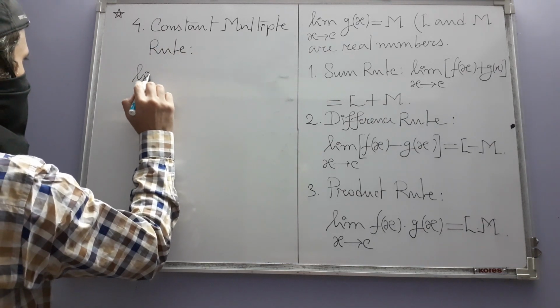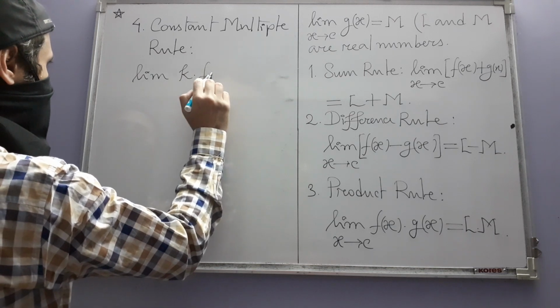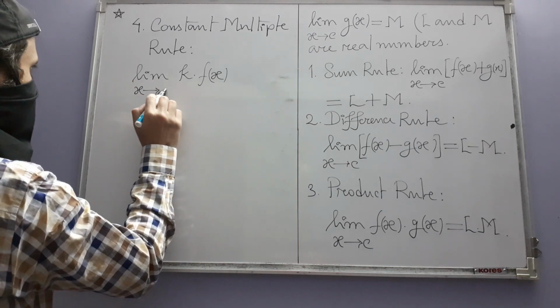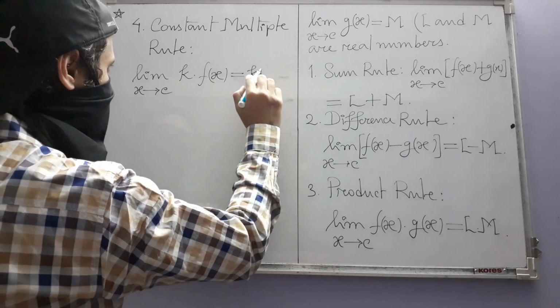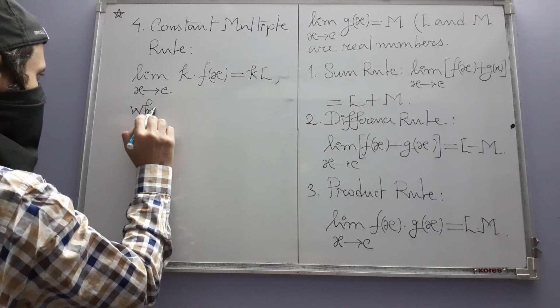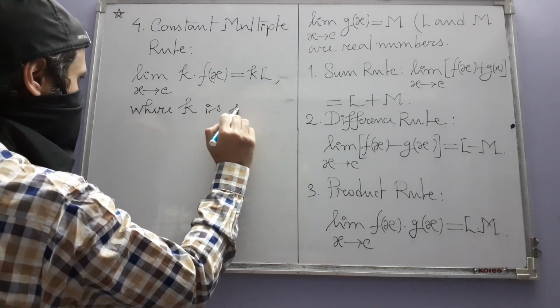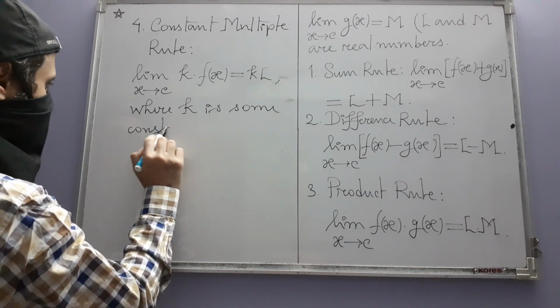It states that the limit of k times f of x as x approaches c is k times the limit of f of x, that is L, where k is some constant.